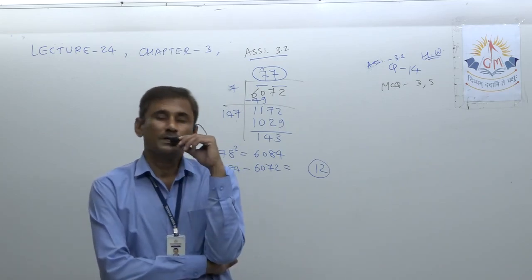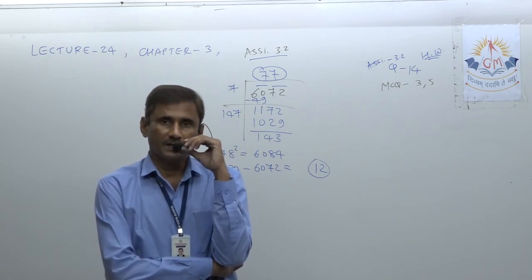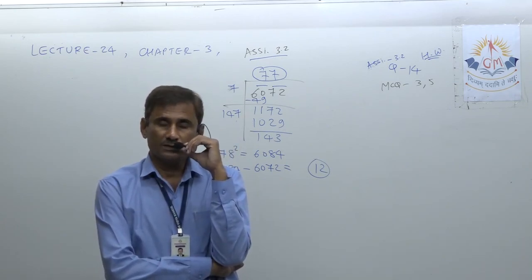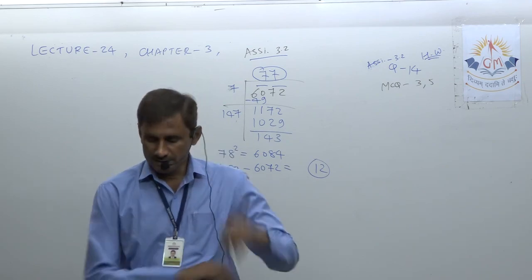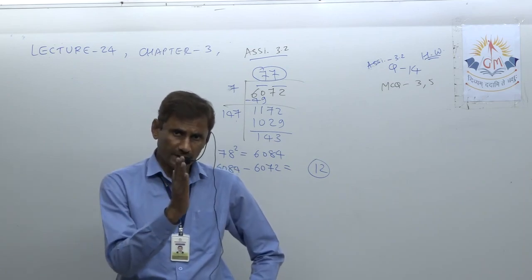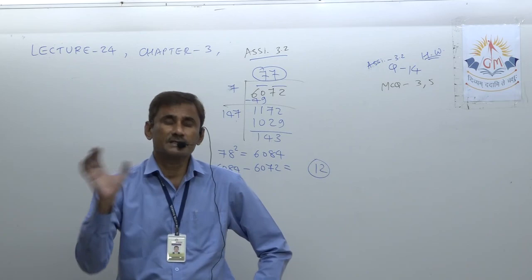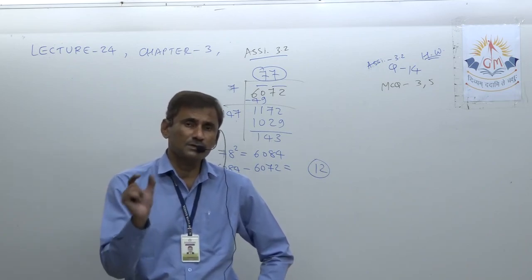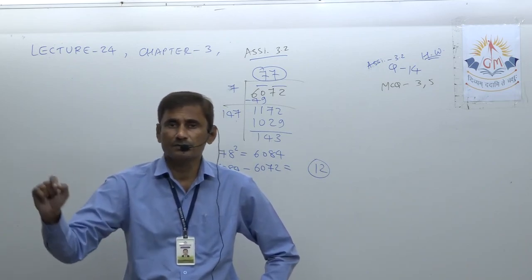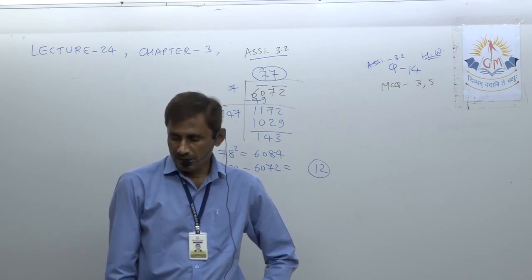Otherwise, the long division method you can apply anywhere, anytime. So the basic method is the long division method, whether it is a perfect square or not. You can get up to the integer part, otherwise if you go into the decimal part also, it is possible, then you can find the square root in decimal form also. Okay, so it is a must.